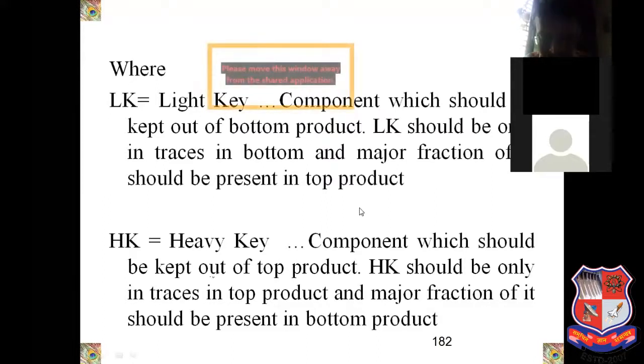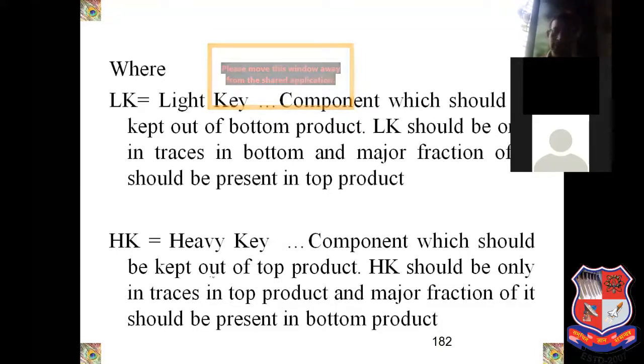Now, for example, we have benzene, toluene, and xylene. This is a ternary mixture. Three components are present in this. Now I need to carry out a separation of benzene from toluene. I repeat, we have benzene, toluene and xylene in increasing order of their boiling point.